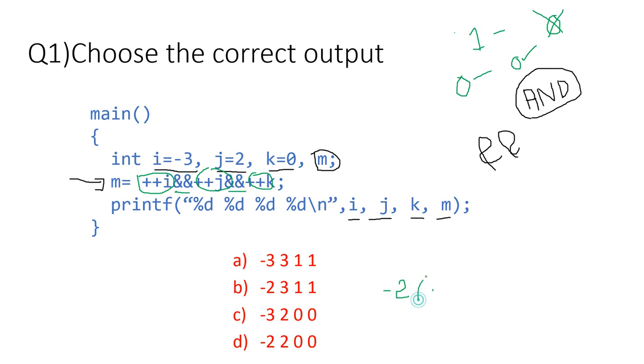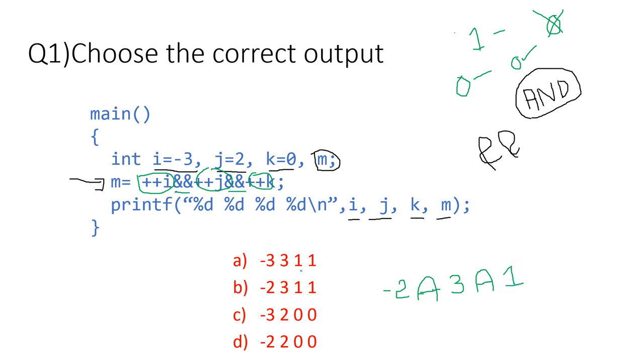Then you have the logical AND, and then ++j. That means the number 2 will be incremented to 3 and stored, since this is the pre-increment operator. Then you have an AND again, and here we have ++k, which will be 1.